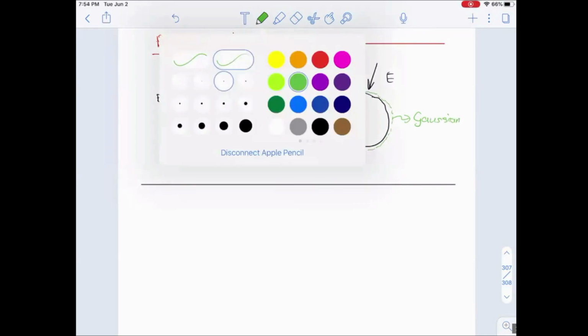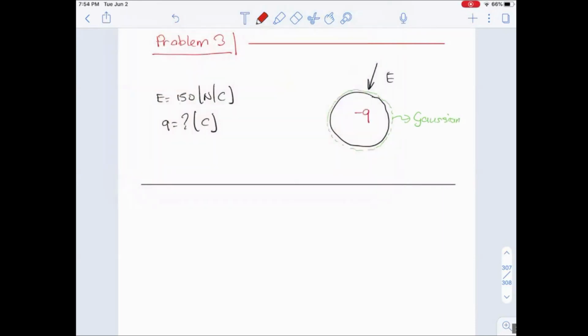We know that the net charge inside is going to be negative because the electric field always points towards the negative charges. All right, so that's our Gaussian surface. This thing is spherical, and this is the radius that we're looking at. So our Gaussian surface is spherical.